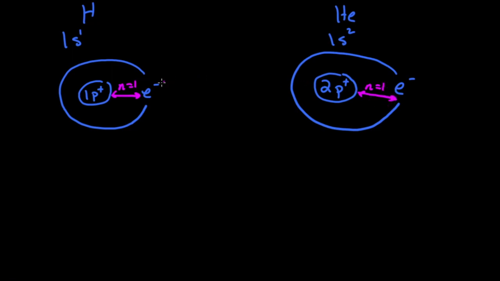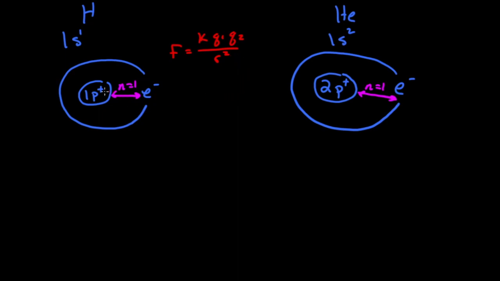If we want to remove an electron from here, we want to overcome the force that's keeping this electron towards the center like this. That force is going to be equal to K, which is a constant, times Q1 times Q2 divided by r squared.